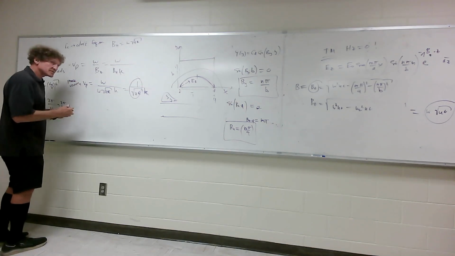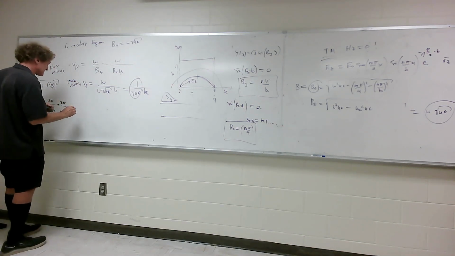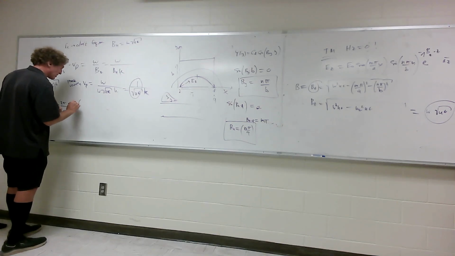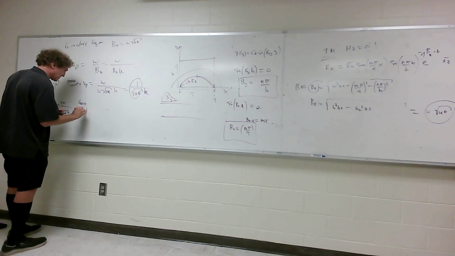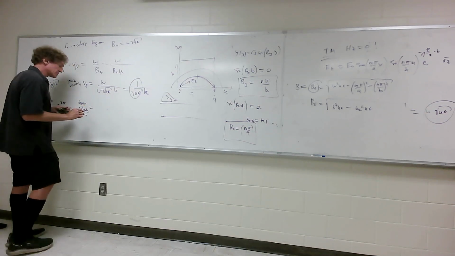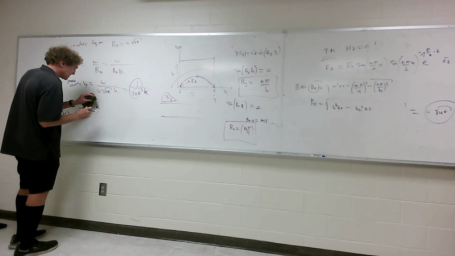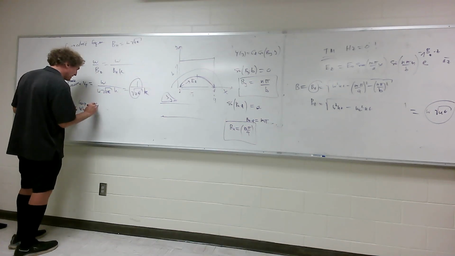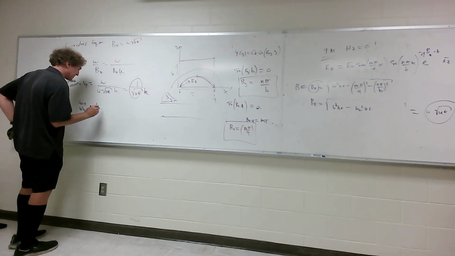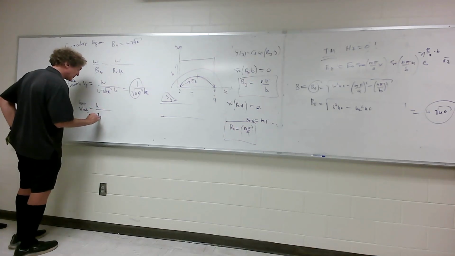The velocity that energy propagates, which is called the group velocity, is equal to k. Now k's on top, so this goes to 0 at cutoff. It's going to be k divided by the square root of mu epsilon.